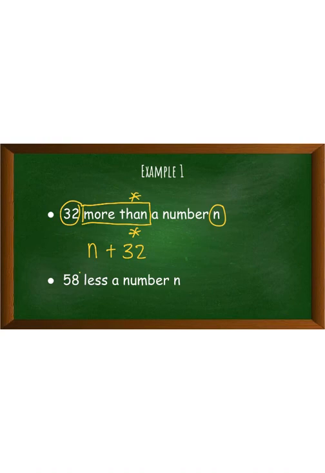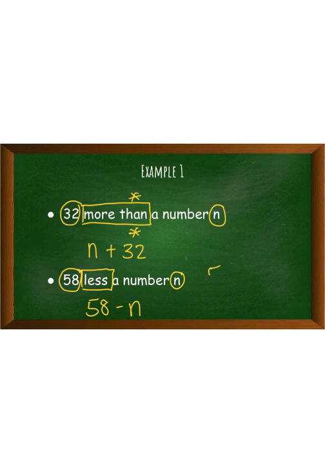Now let's look at the second example, okay? We've got 58, which is one number, and n, which is our letter, okay? Now, the key word here is less, but it says 58 less a number n. It doesn't say less than. So whenever we are missing the than, we just write it 58 minus n.